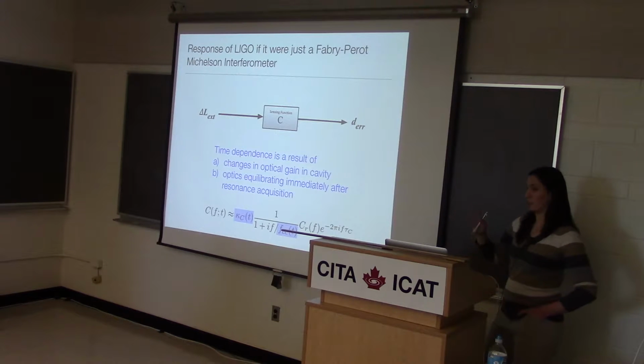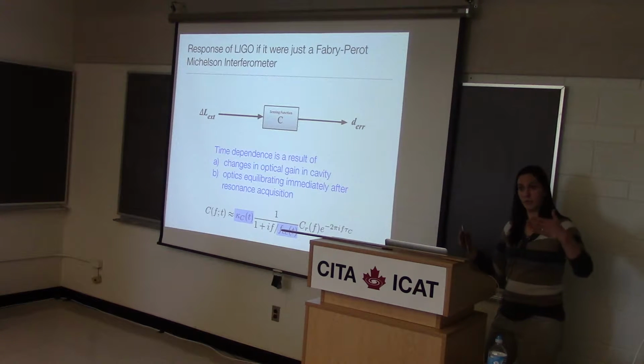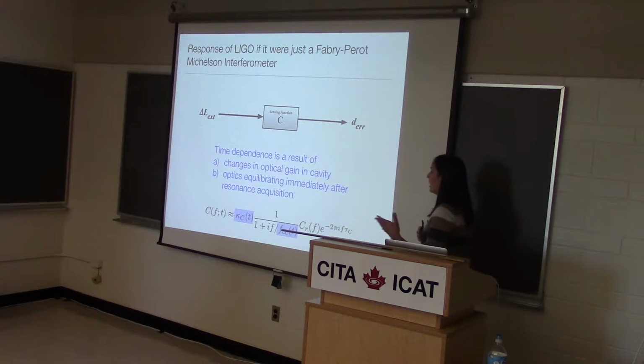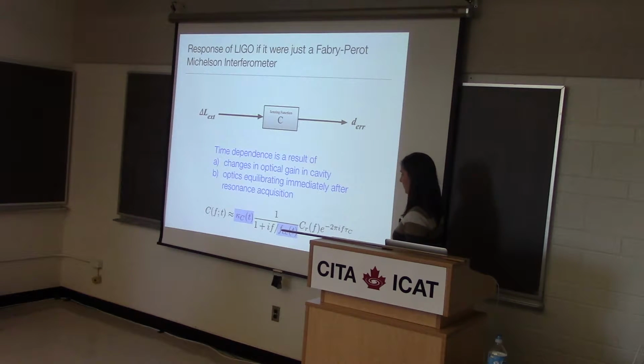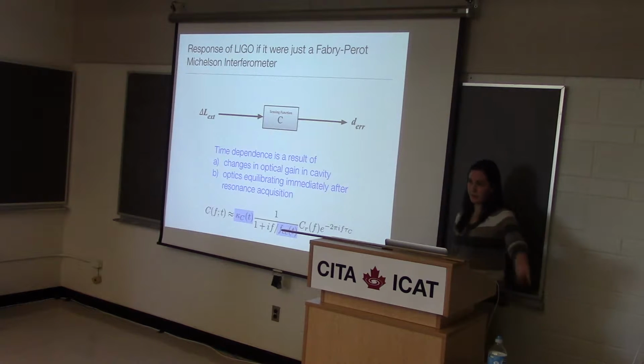The pitch and yaw degrees of freedom of the end mirrors of the Fabry-Perot cavity lead to a change in the total amount of light stored in the arms over time. As that varies, we need to track it with this optical gain parameter and appropriately model the sensing function with the right gain. That's something we did in initial LIGO too.